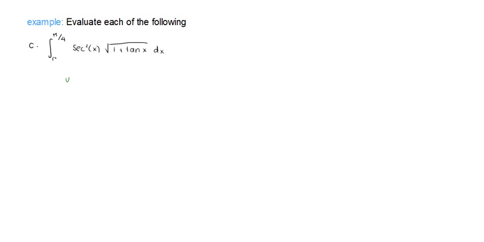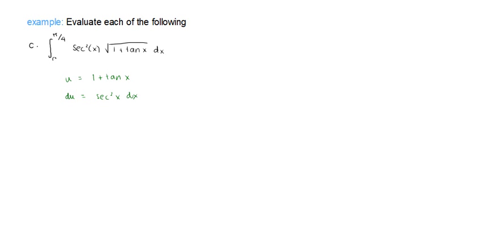That means I'm going to choose u is equal to 1 plus tangent of x, which means that du will have to be the derivative of this function. And so derivative of 1 is 0, derivative of tangent is secant squared of x, and then this is dx, like this.